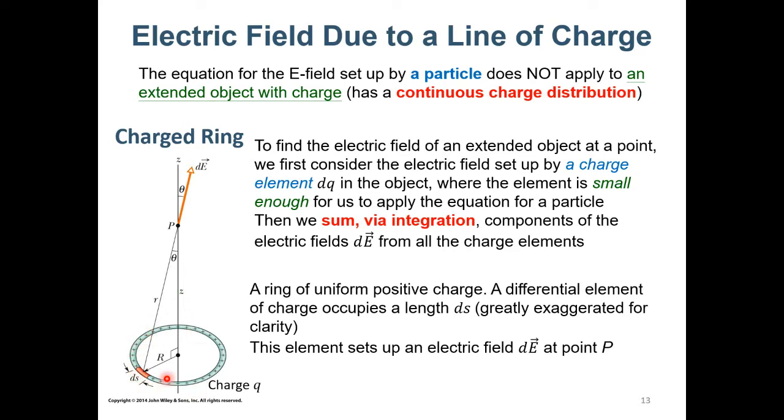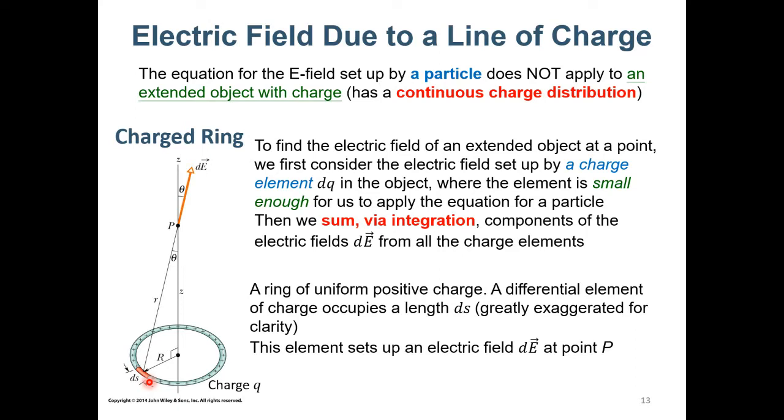But the point here is that when we have a continuous charge distribution, we cannot regard it as a point charge. So we need to separate it into many small enough charge packets so that we can regard each one as a point charge, and then you can calculate the E field generated by each packet.